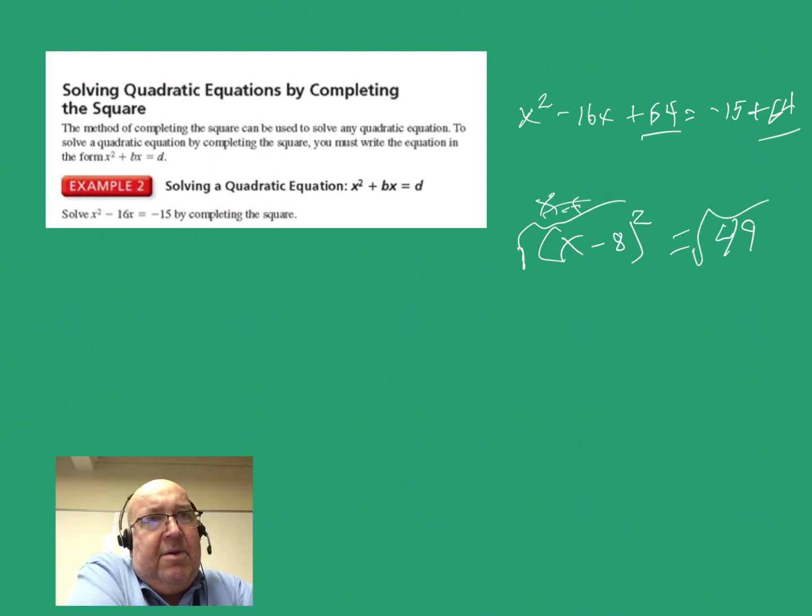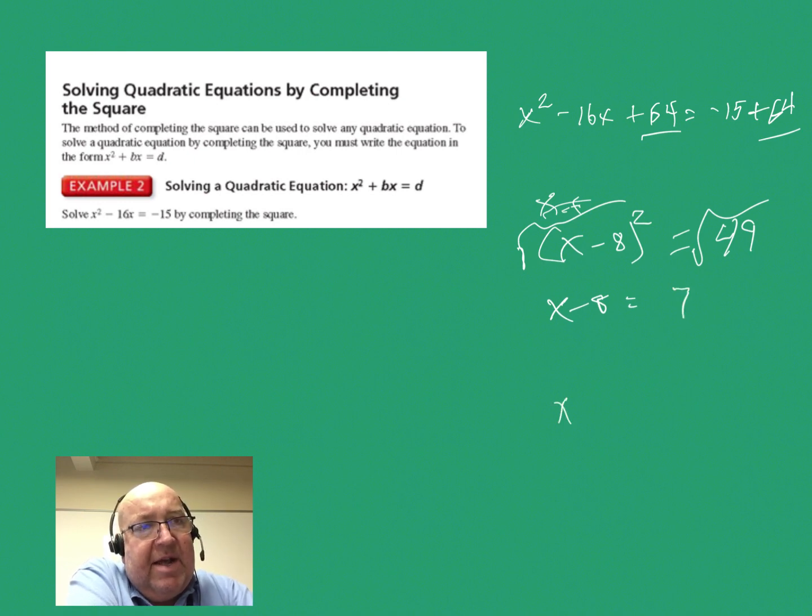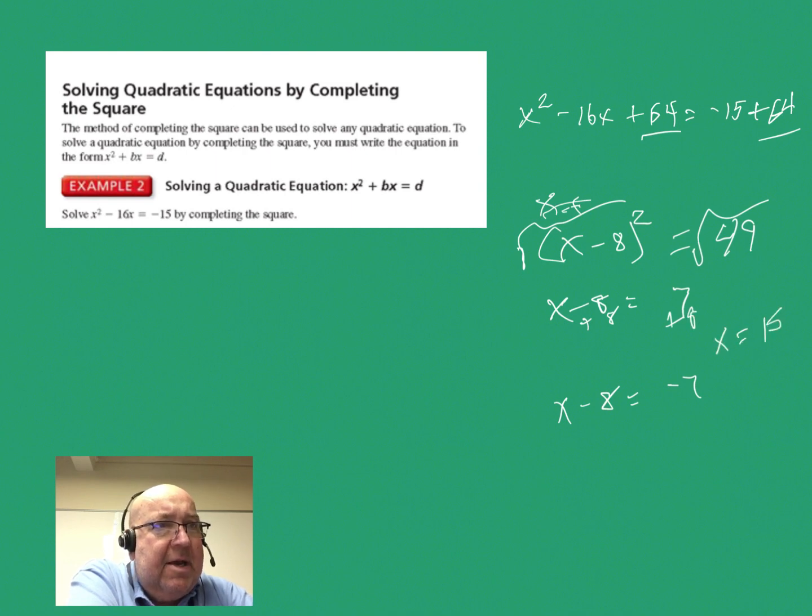Because we're looking to find the zeros, we're going to get x minus 8 is equal to 7, and x minus 8 is equal to negative 7. So we add 8 and add 8. We get x equals 15. We add 8 and we add 8 and we get x equals 1.